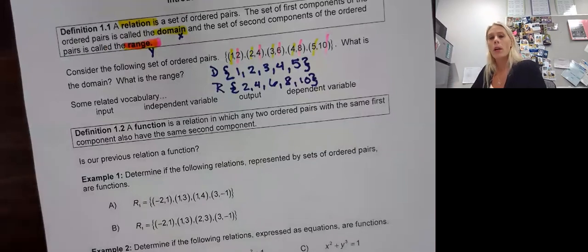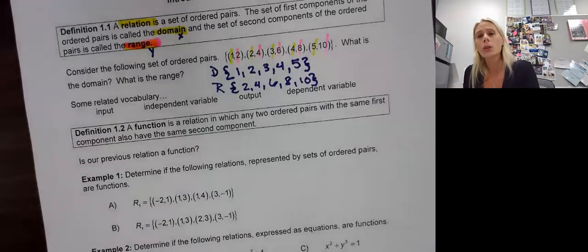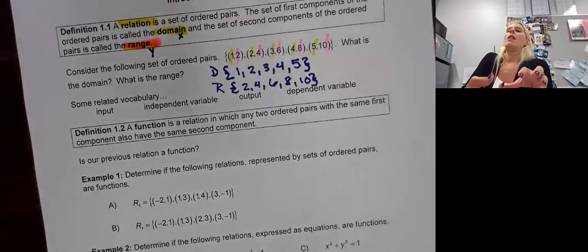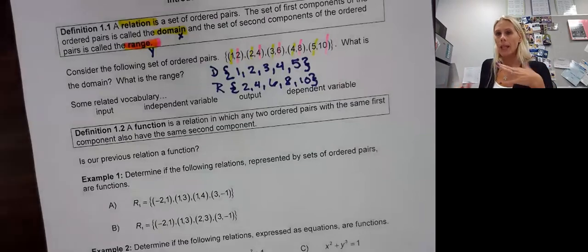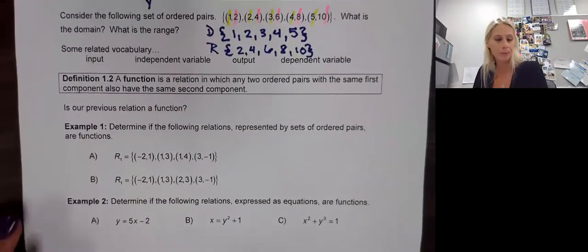Your output, what comes out on the side, well, think of it. When you put x into a function, you come out with a y. So that's why the y is the output. And that is also why it's called the dependent variable, because it depends on what you're doing to your x. That's how your y changes. Okay, so that's just intermixing vocabulary for the future.